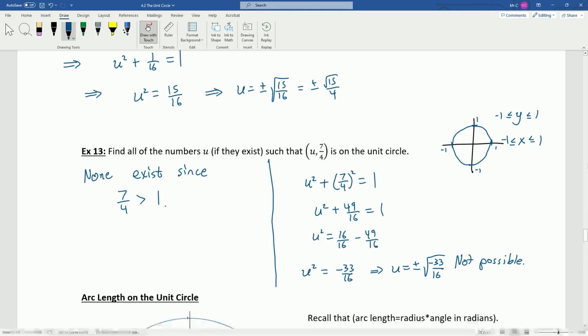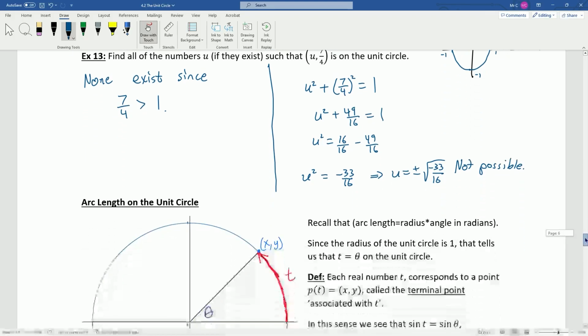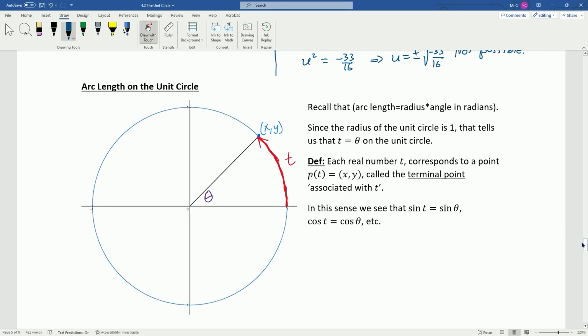Okay, so let's go ahead and talk about one other thing here momentarily, which is the idea of arc length on this unit circle. So oftentimes you'll see problems phrased in a slightly different way than I've been talking about. I've been talking about evaluating sine and cosine and the other trig functions in terms of their angles.